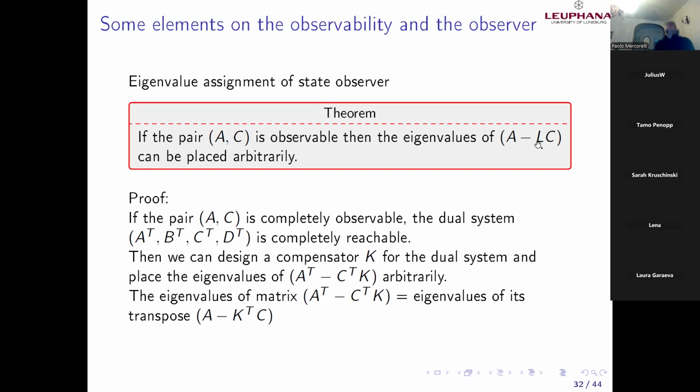Of course, the theorem works also in the other direction. Here it is formulated in one direction because it's what we need. You remember, we tested the observability, and the idea is to clarify today how I can calculate the matrix L and how I can build the observer.